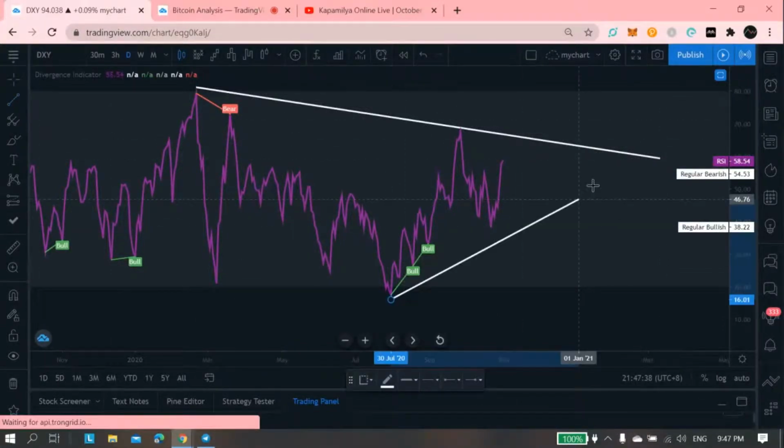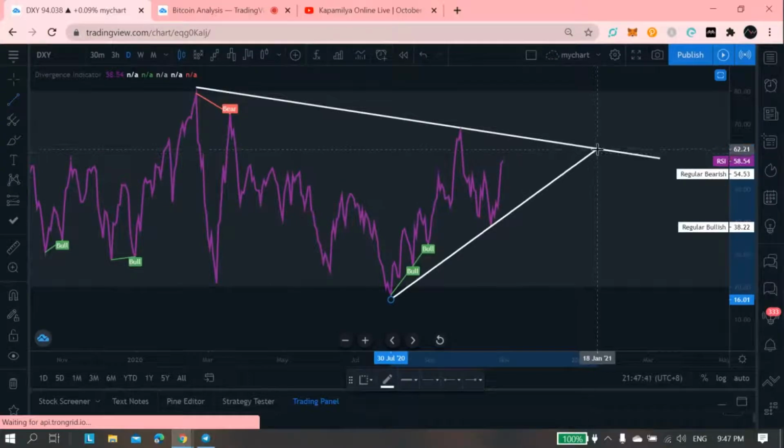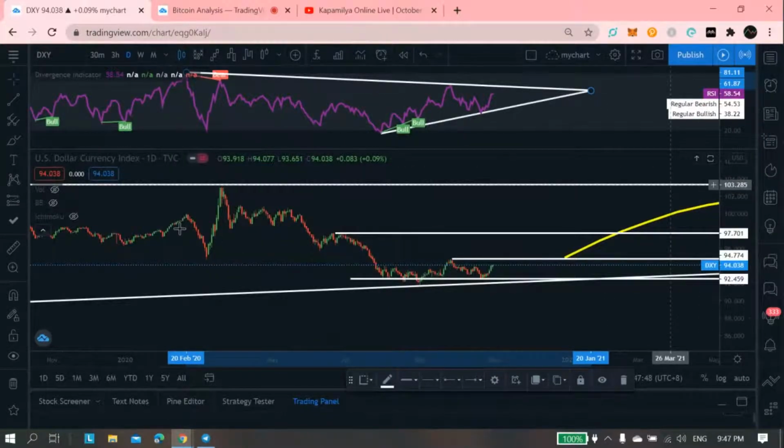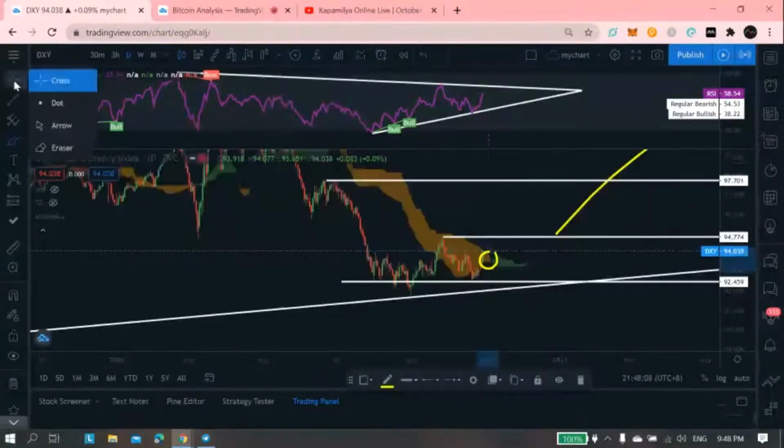And the support I'm looking at is this area. Anyway, let's add the Ichimoku cloud using this daily time frame. So there.